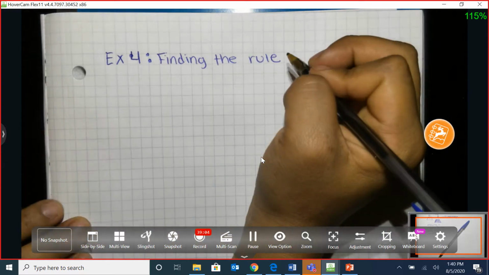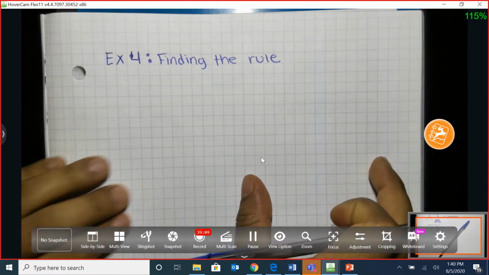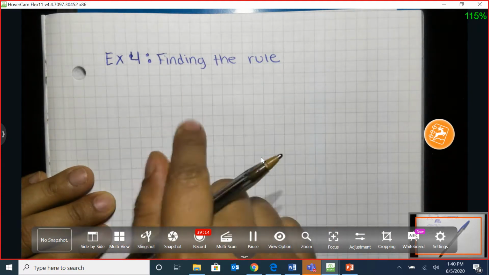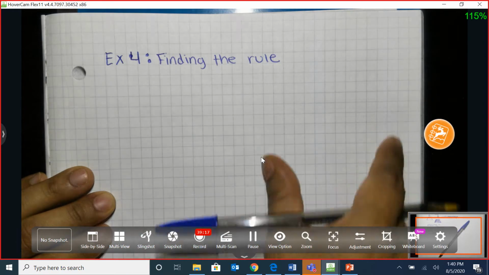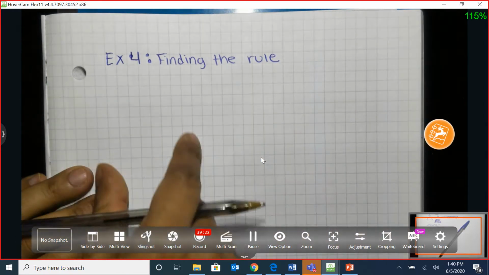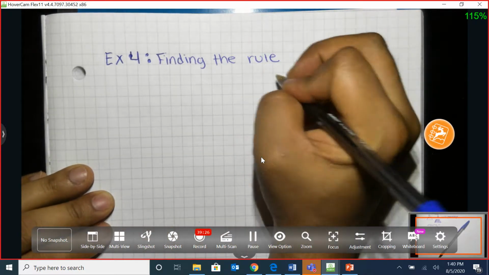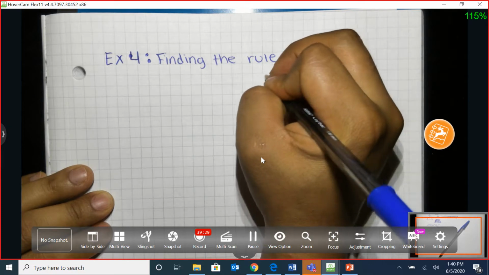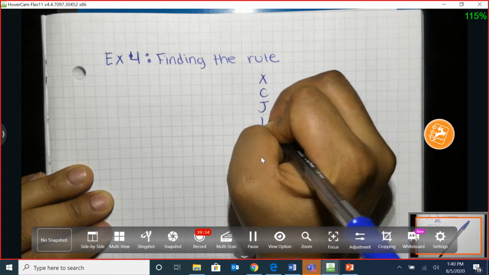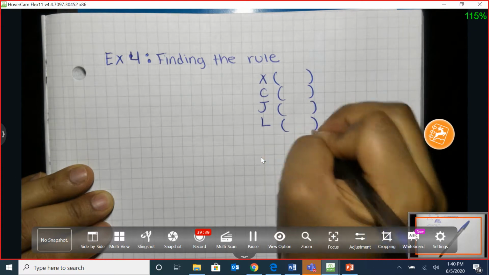And all I'm going to do is, on the PowerPoint, it doesn't tell you the points. So you have to be looking at it and using your finger or whatever to locate the points. I'm going to give you all of the points here, the original and the new ones. And then I need you guys to do your graph over here. So in the first one, you have a parallelogram, which is located as X, C, J, L. That is your pre-image.